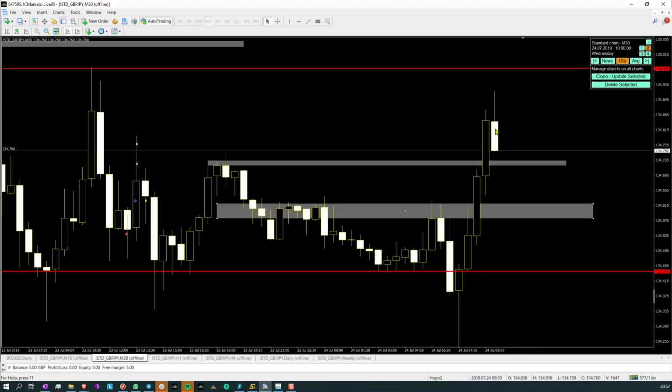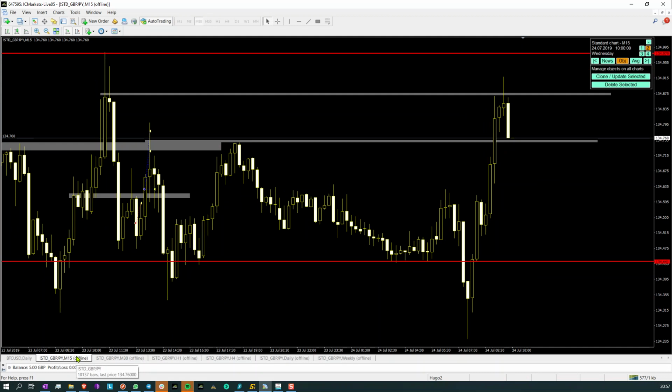And you have a 30-minute bearish, 15-minute bearish. You don't wanna buy this, of course not. Now, if you create some sort of support here, I might think on it. Let's see, let's play.